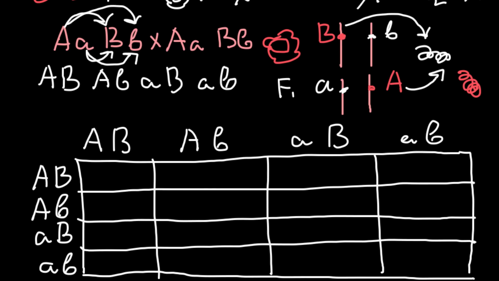So in the first cell, this parent would give to the progeny dominant allele A, this parent also would give dominant allele A, this parent would give dominant allele B, and this parent also would give dominant allele B.